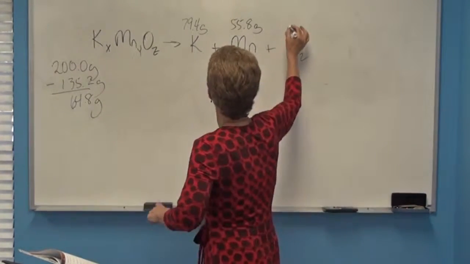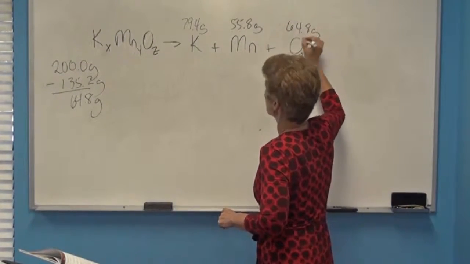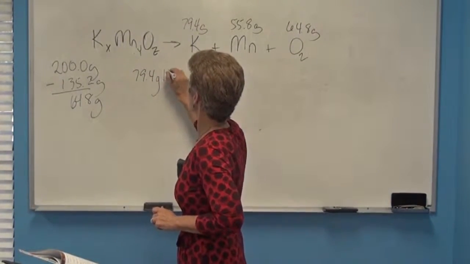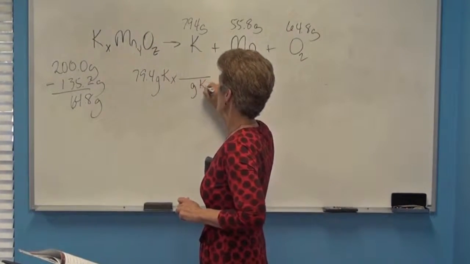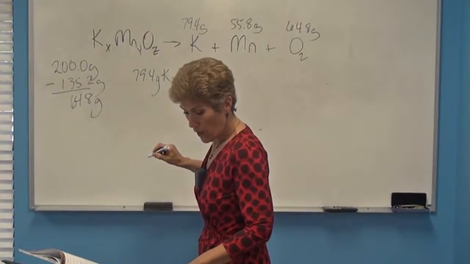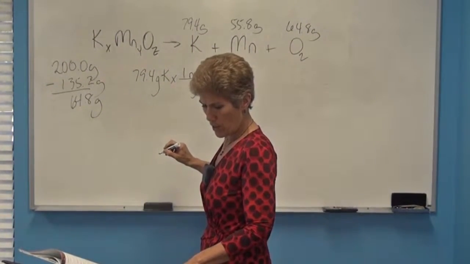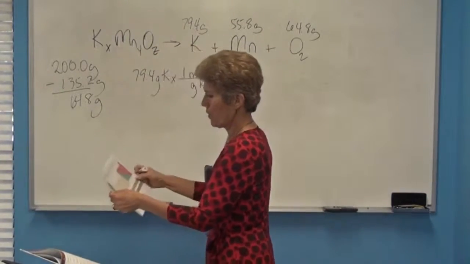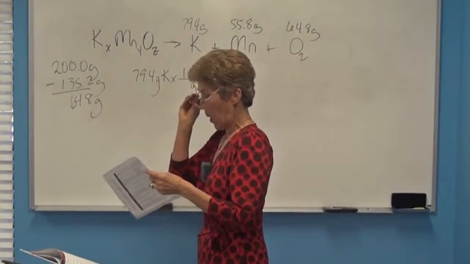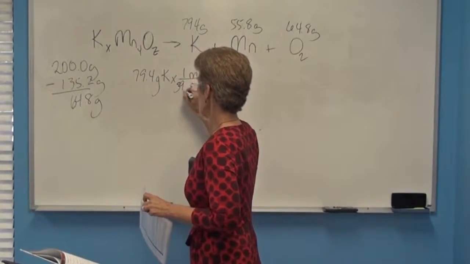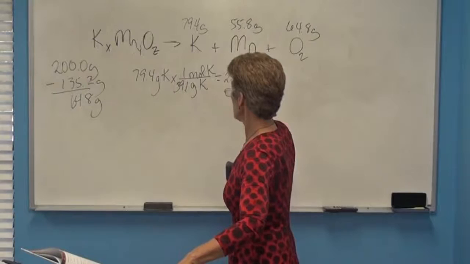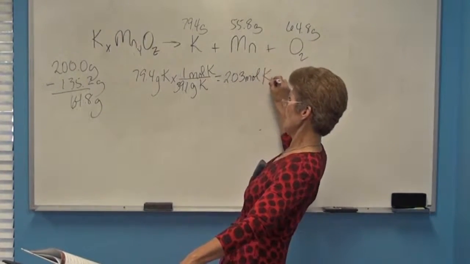So this is 64.8 grams. Now we go to how many moles of each there are. Grams of potassium times line, grams of potassium, moles of potassium. In 1 mole there is 39.1, and that ends up giving us 2.03 moles of potassium.